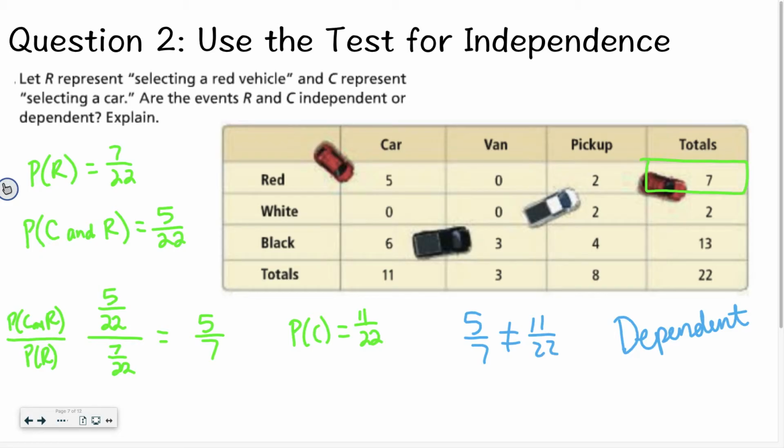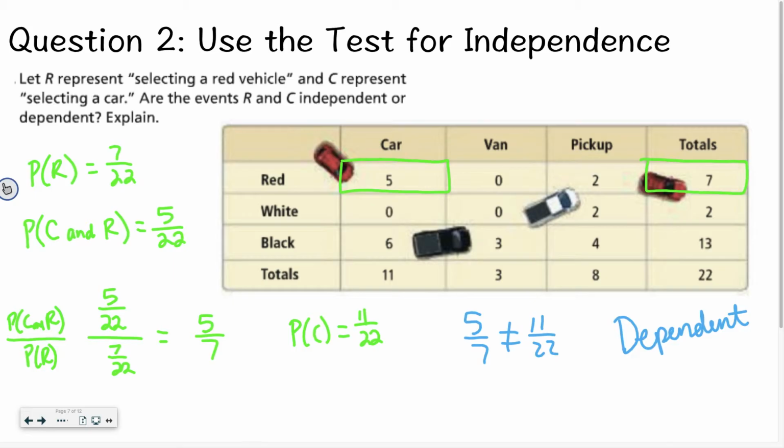Mathematically, one way I can do this is find the probability of it being a red car. There are 7 options out of the 22. The probability of it being a car and being red is 5 options out of 22. And then if I do the conditional formula, the probability of it being a car and red, so 5 over 22, over the probability of it being red, that's 7 over 22.